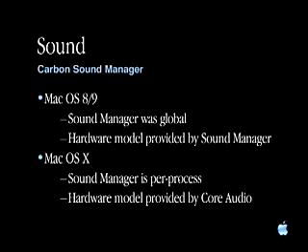It had to know about all the different sound hardware on every single machine and figure out what machine you were running on and do the right thing. On Mac OS X, however, the Sound Manager is per process, and in talking to the audio guys, it shouldn't make any difference to your app. Pretty much you're either changing, say, the volume on a sound channel, which is local to your app, or you're changing the global volume, which is still global. So you shouldn't really care about that one either.